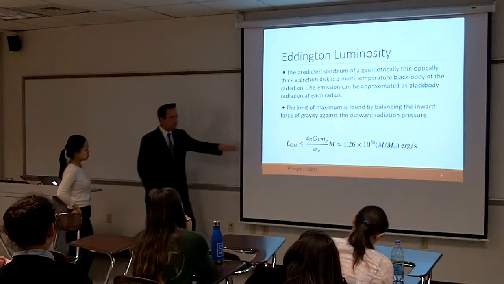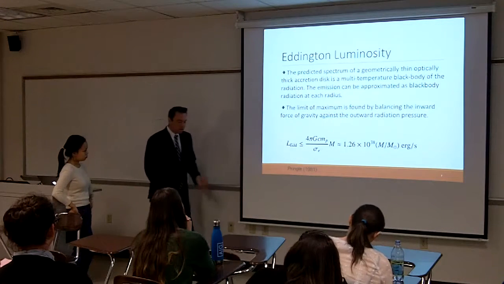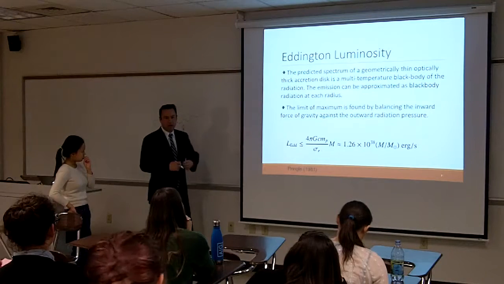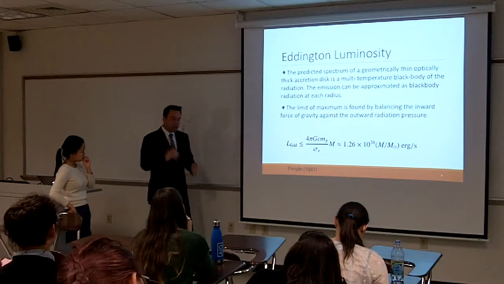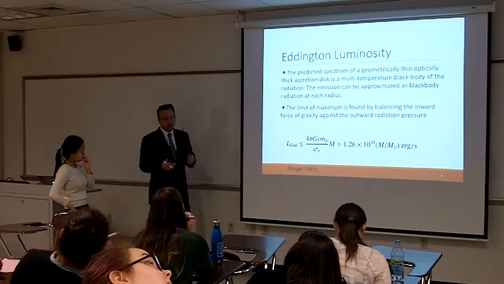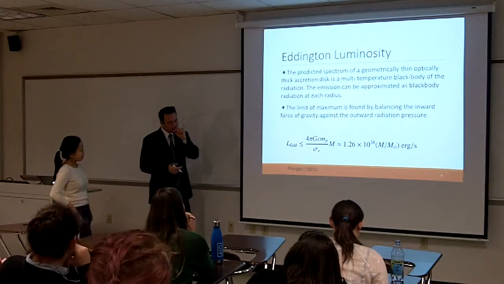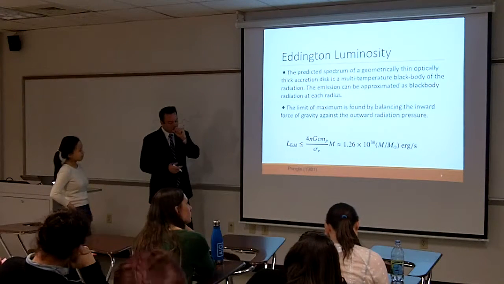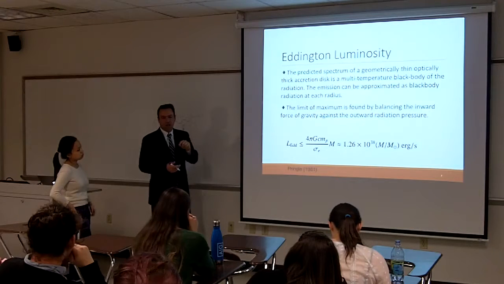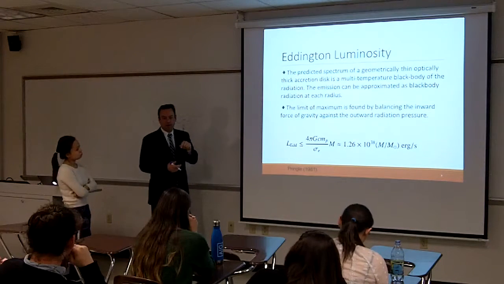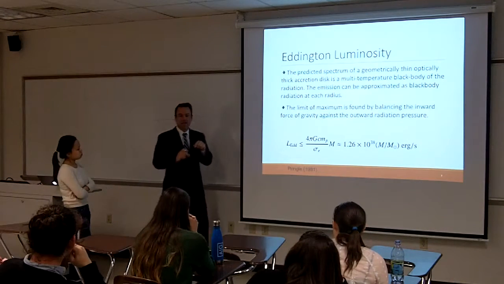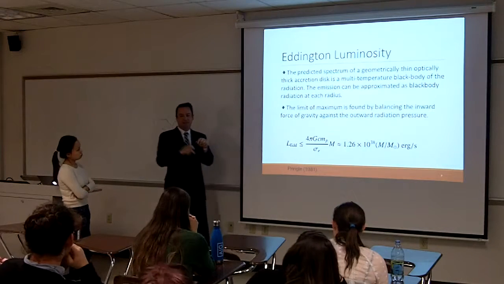So this is derived by equating the inward pressure of gravity to the outward radiation pressure due to Thomson scattering of electrons. And it's more important on electrons because electrons have less mass than a proton.